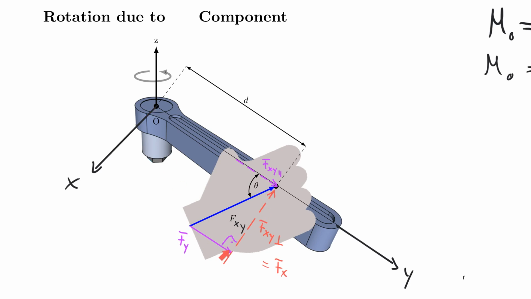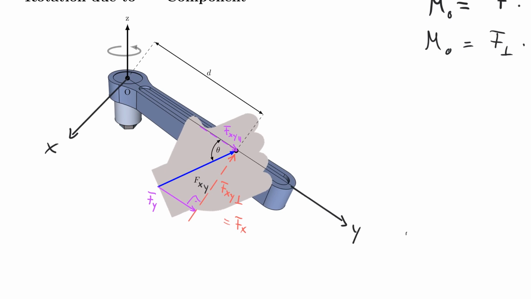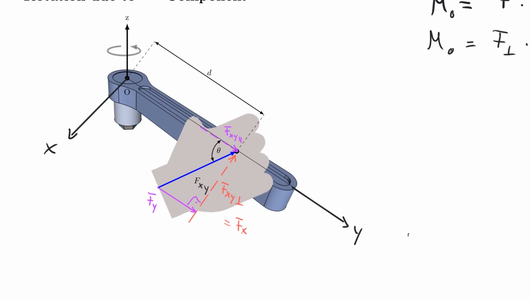But if you were to do so, what can you do to really calculate this or to really end up with the right numbers here? You would pretty much calculate Fx by stating that Fx is equal to Fxy times sine of theta, right?